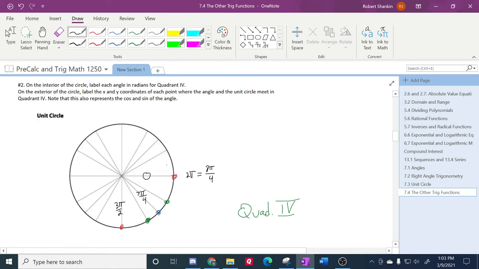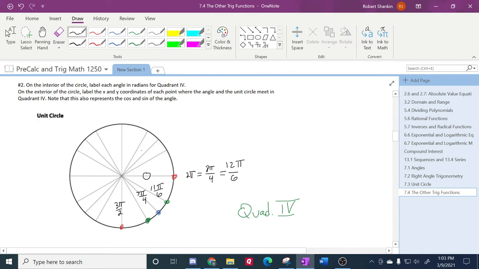Now, if this is pi over 6, this is negative pi over 6. As long as I double that denominator, that's the same as 2 pi. 2 pi minus 1 pi over 6 is 11 pi over 6.